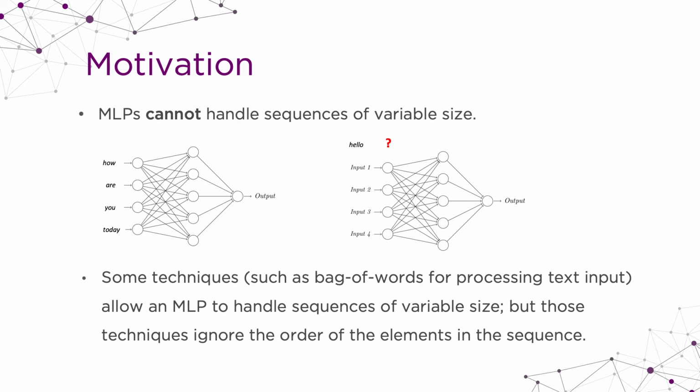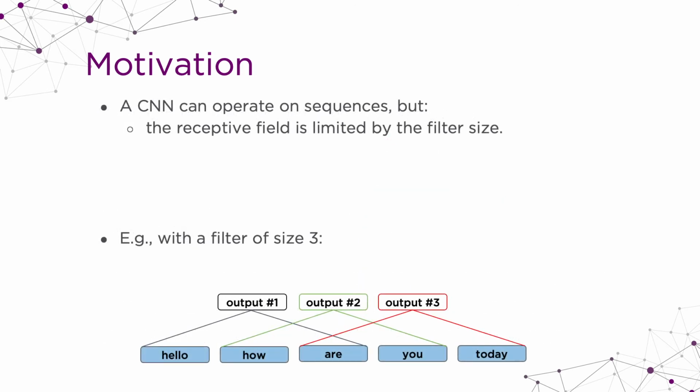Let's see what happens if we try to use CNN. With CNN, I think it's more interesting because, as you saw yesterday, CNNs can actually work on one-dimensional data. So ideally, they could work on a sequence. Yesterday, you saw most of the examples with an image, so 2-dimensional, and the filter was 2-dimensional, a matrix.